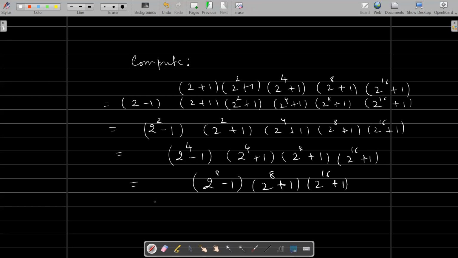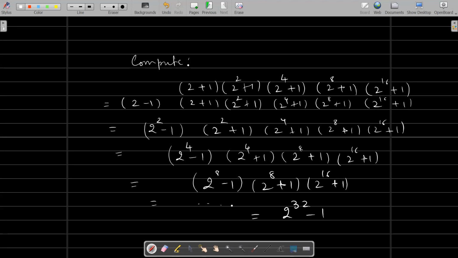Right? So do you see, I'll repeatedly get such pairs of the type a minus b into a plus b, and ultimately we'll get 2 raised to 32 minus 1. All of you agree? Yes, sir.